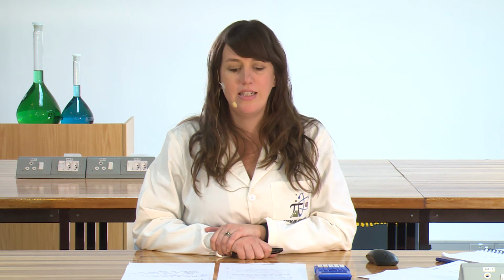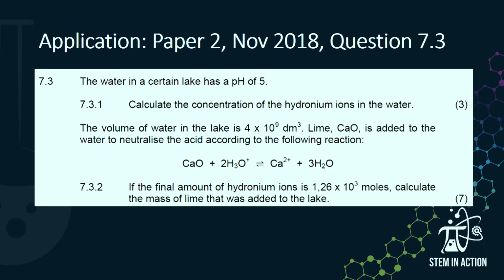Right, let's have a look at an application question from November 2018, question 7. We've done question 7.1 and 7.2, and we've also done question 7.3.1. It says the volume of water in the lake is 4 times 10 to the 9 decimeters cubed.